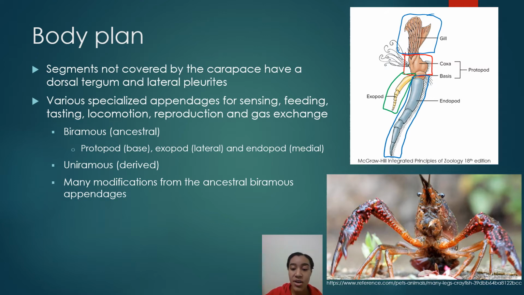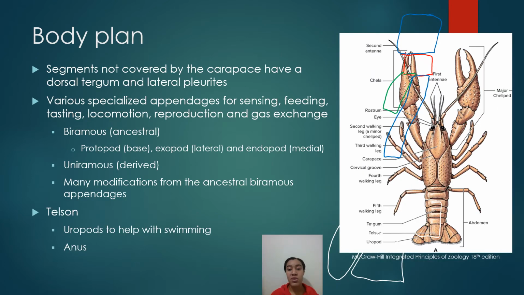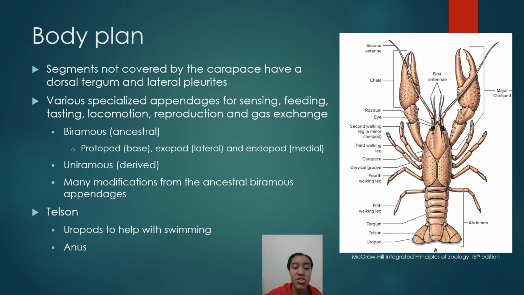They have clearly these large pincers or chela on some of these front appendages. They have specialized appendages for eating, specialized appendages for walking, and then there's, of course, appendages for locomotion. And in crayfish and in lobsters, this appendage for locomotion is called a telson, and that's this piece here.